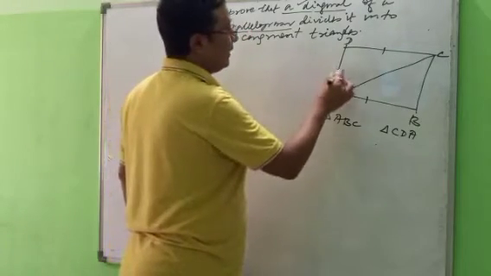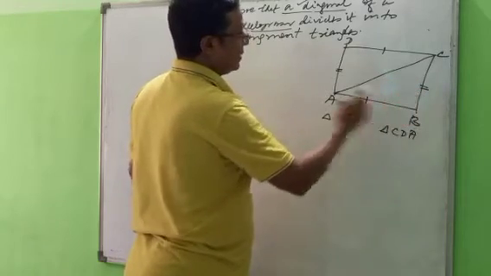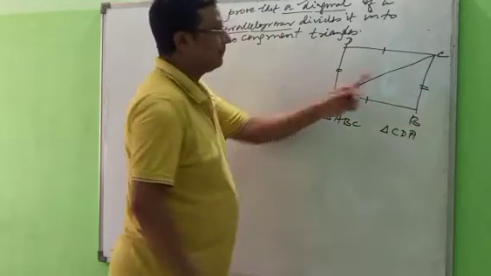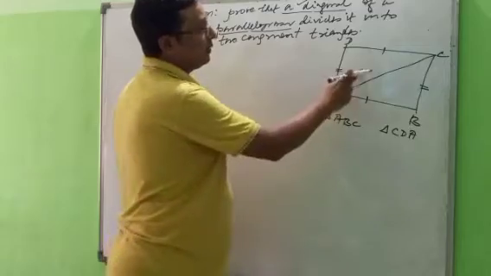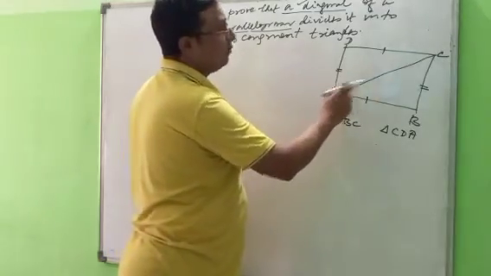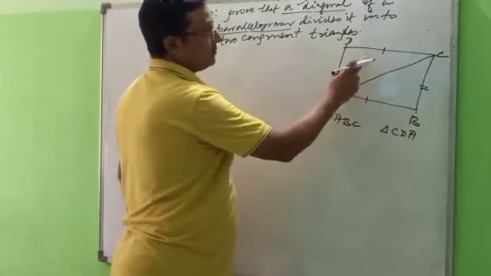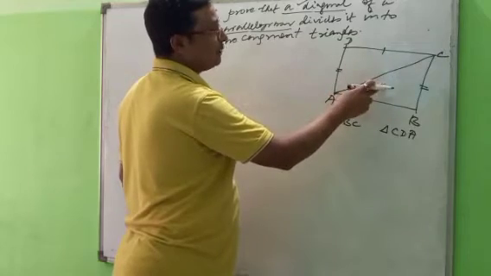Secondly, here AD equals BC, so the opposite sides are equal. And then in both the triangles you have got the common side AC. That is why the two triangles become congruent by side.